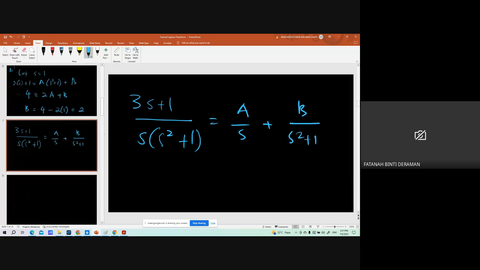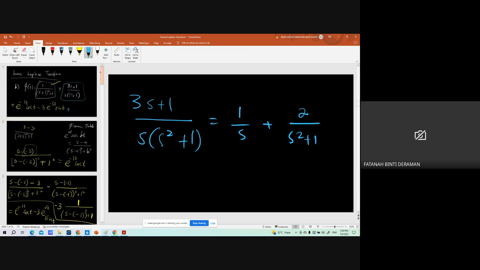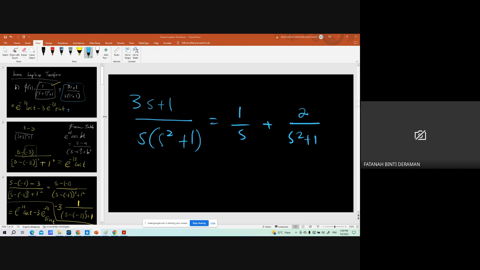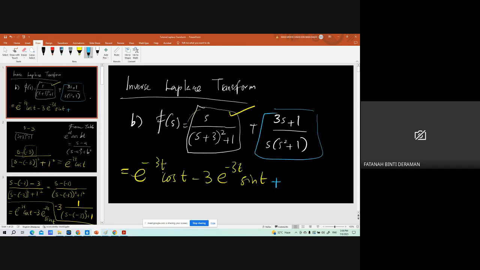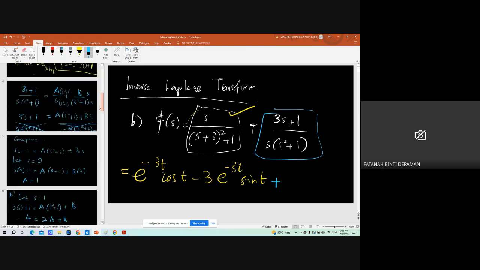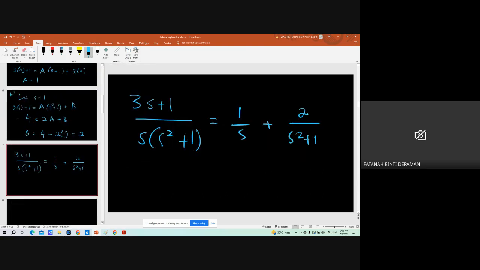Okay. So a equals to 1, b equals to 2. So now we have from this equation, okay, from this equation we can separate to this equation.